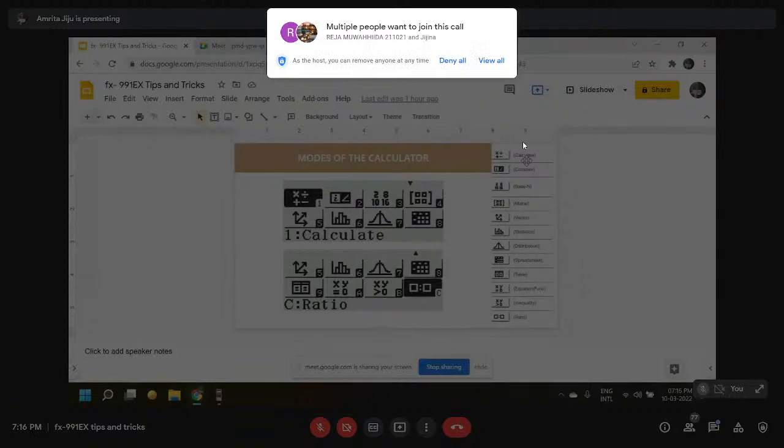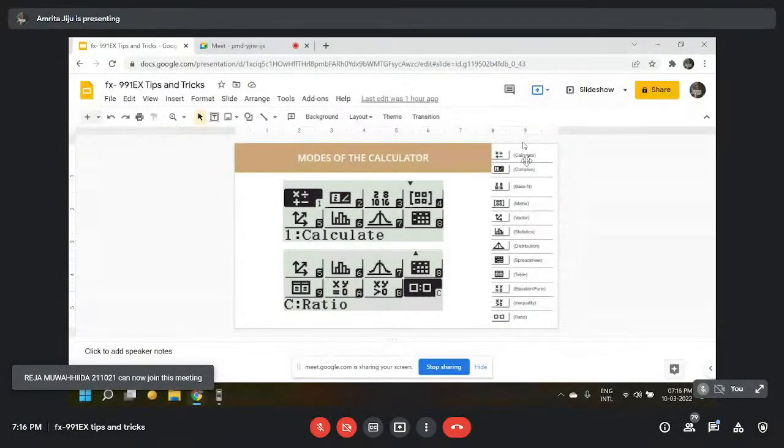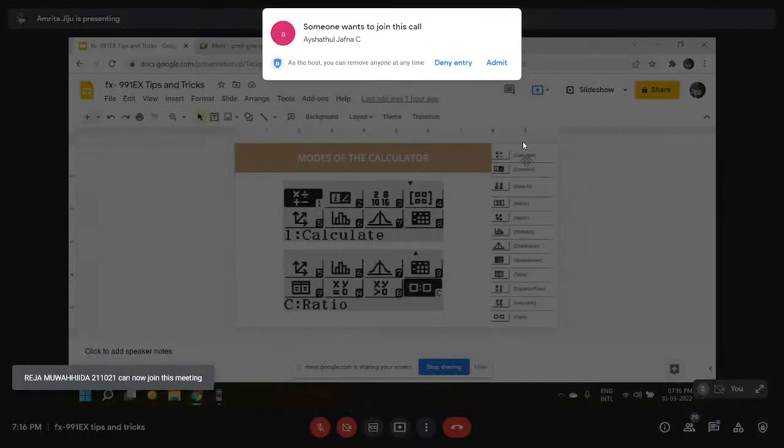Coming to the next mode, that is base n mode. We can convert decimal numbers into binary, hexadecimal, octal. So there are different modes for changing the base of the number. Next up is matrices. We can do all the matrix operations in this calculator: find the inverse, adjoint, transpose, everything.